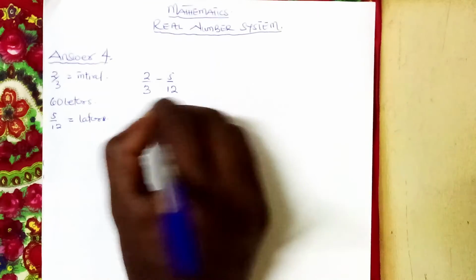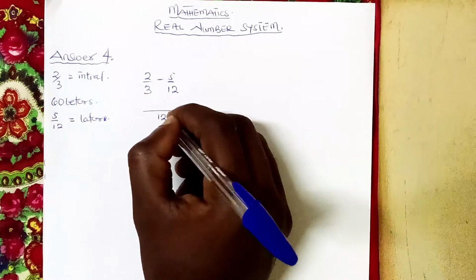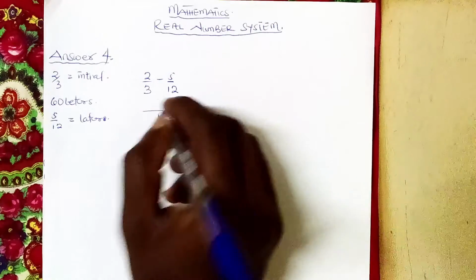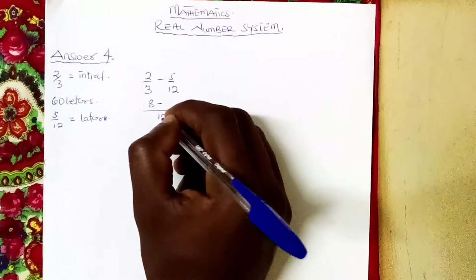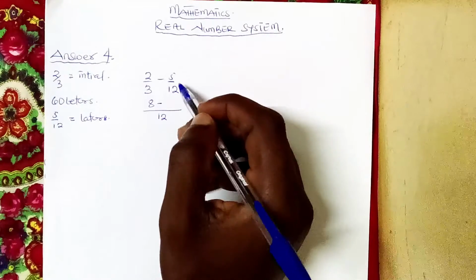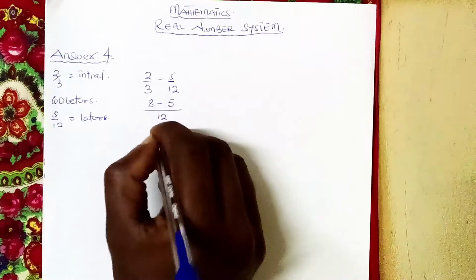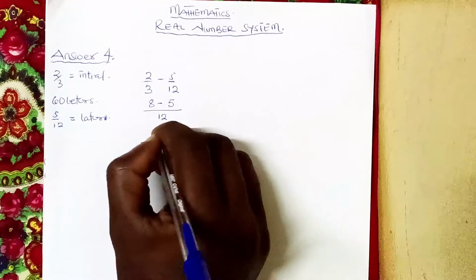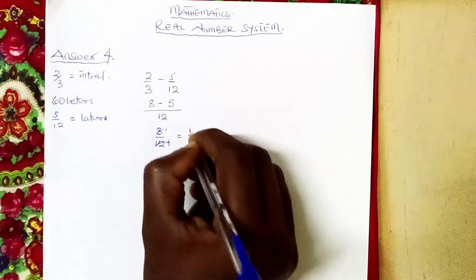So with this, we have our LCM to be 12. 3 into 12, we get 4. 4 times the numerator, that's 2, gives us 8. 12 into 12 is 1. 1 by the numerator, that's 5, gives us 5. So with this, we have 3 on 12. 3 divides itself 1 and divides 12 4. So we have 1 on 4.